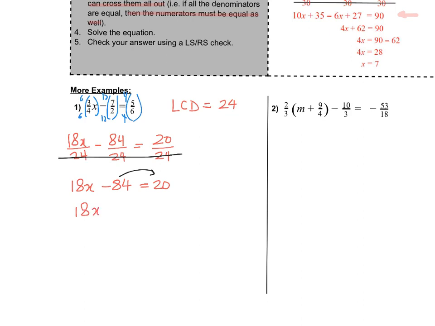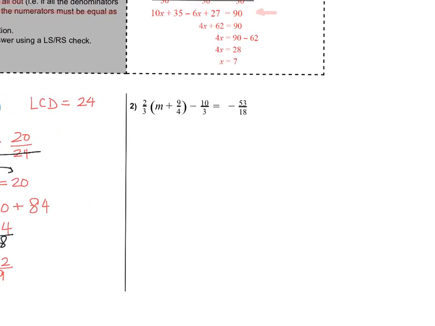So it will be 18x equals 20 plus 84, which is 104. And now we are going to divide both sides by 18, and x equals, reduce the fraction, 52 over 9. And that's it.